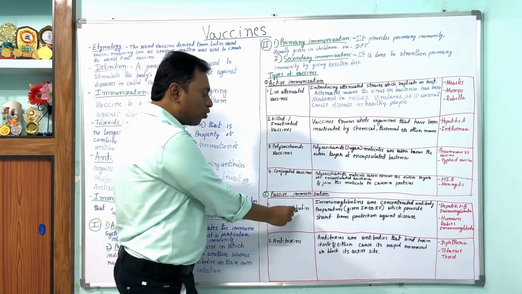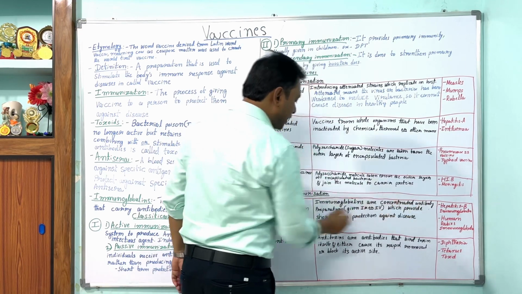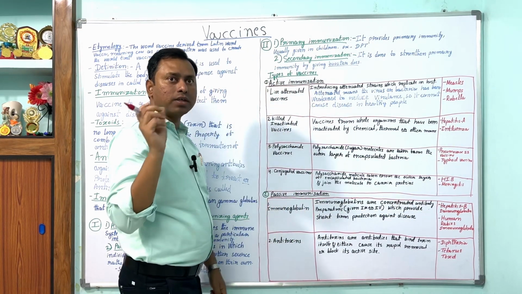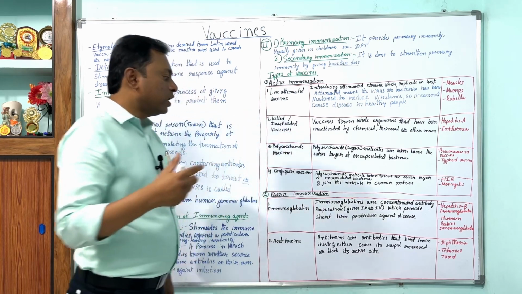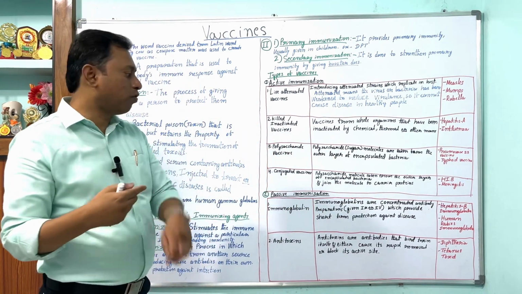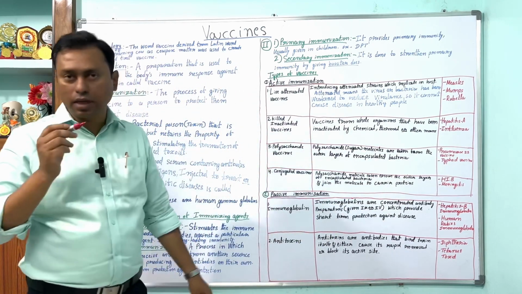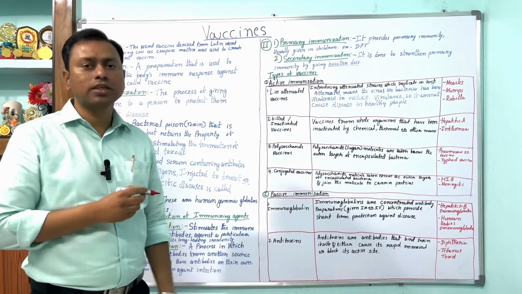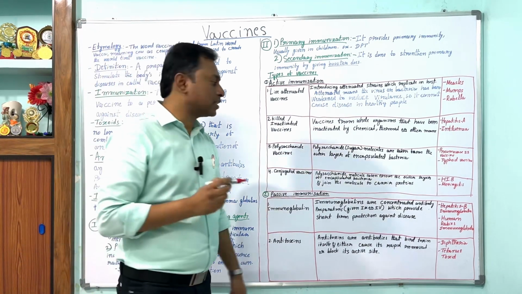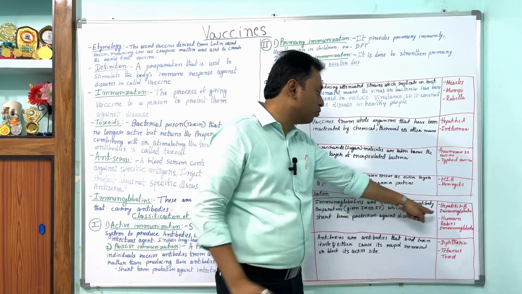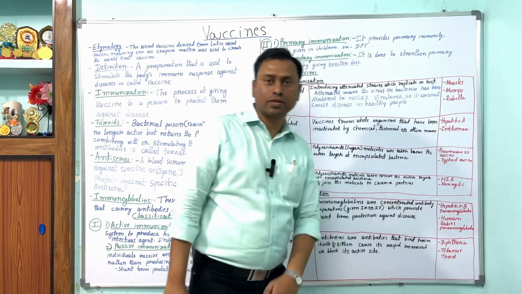The first one, immunoglobulins, are concentrated antibody preparations given by IM or IV route, which provide short-term protection against the disease. Common examples are hepatitis B immunoglobulin and human rabies immunoglobulin.